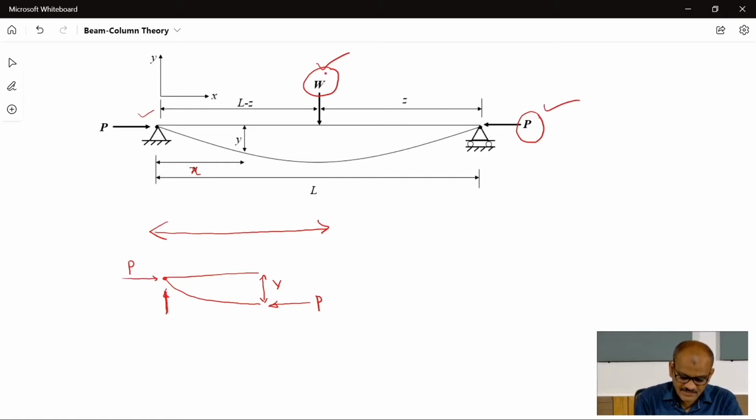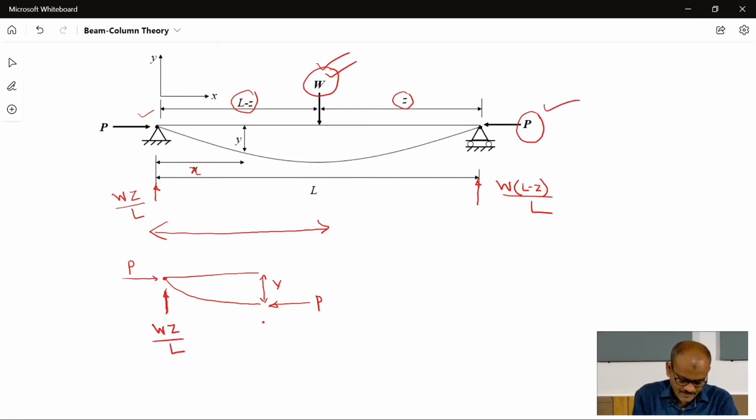If W is acting at a distance z from the right hand and L minus z from the left hand, then this reaction will be Wz divided by L, because this is z and this value is L minus z. The reaction at the other end will be W into L minus z divided by L. To balance this, this will be Wz by L.